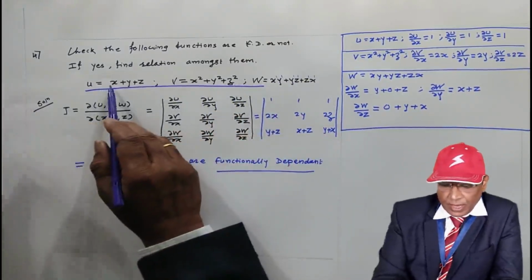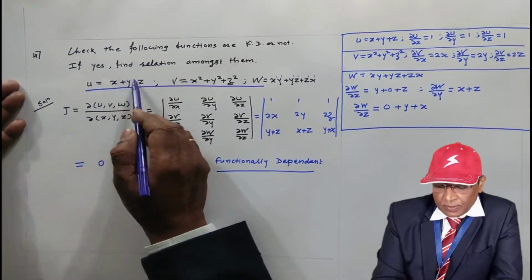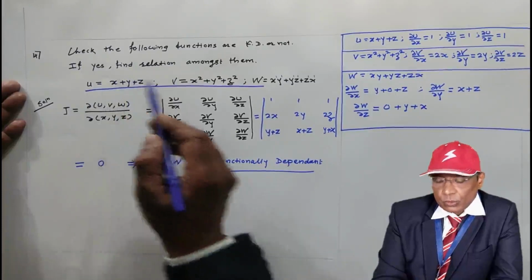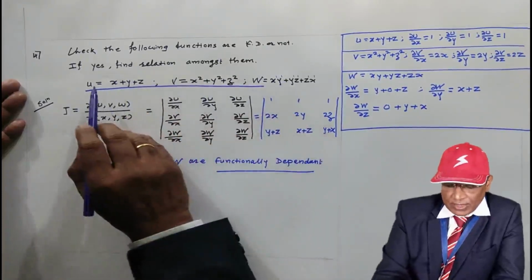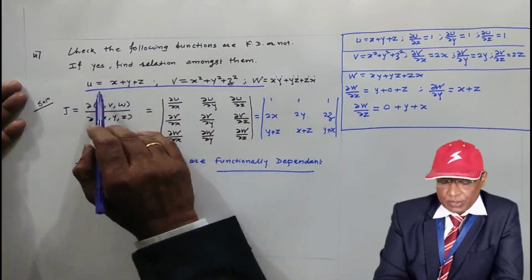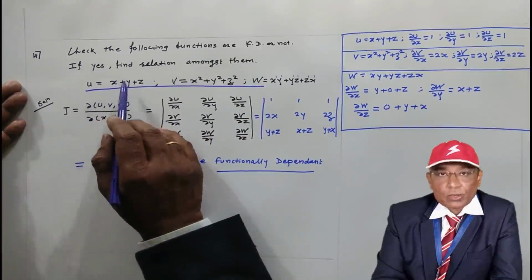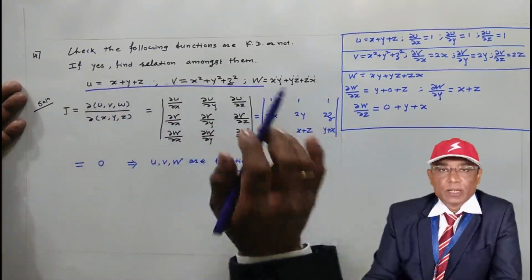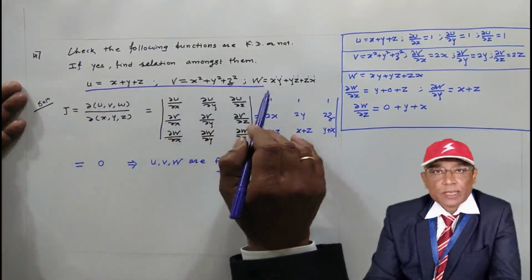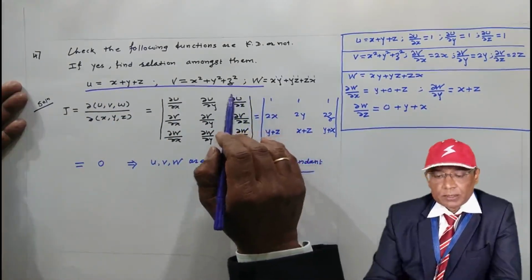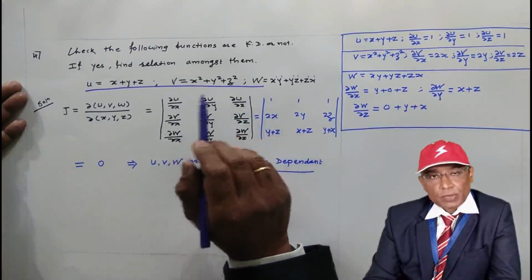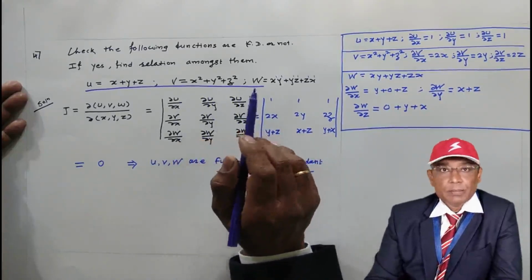But here we have degree 1. So to get these values repeated, it is very clear to take the square of this. There is no algorithm or method to find the relation. Logically you have to think and see how x, y, z will get removed.